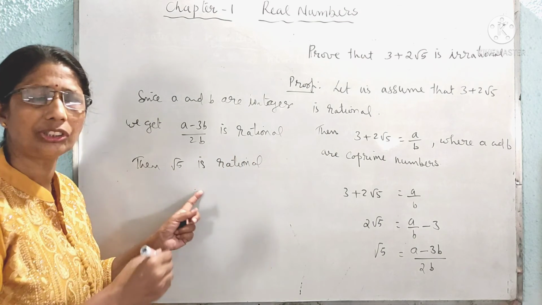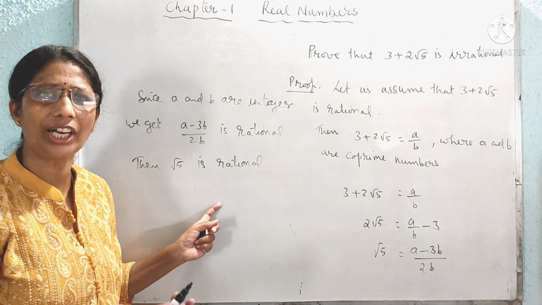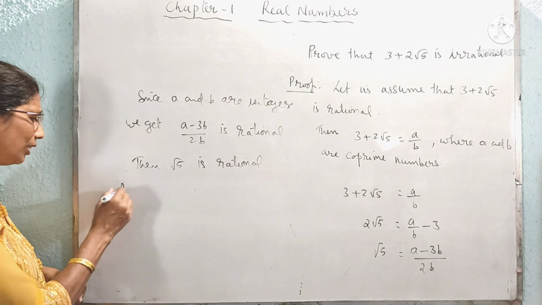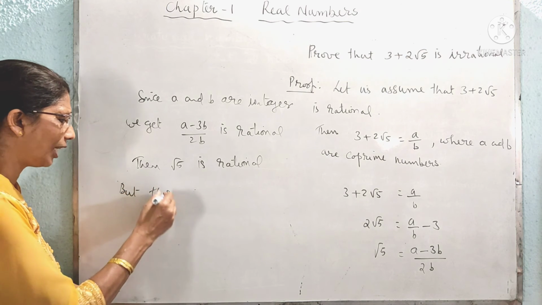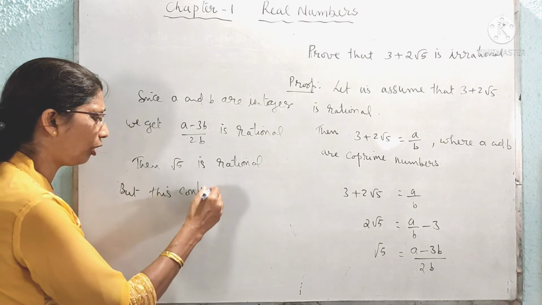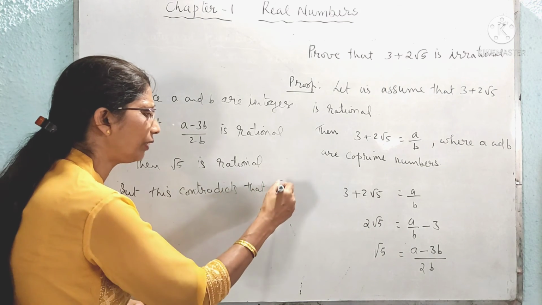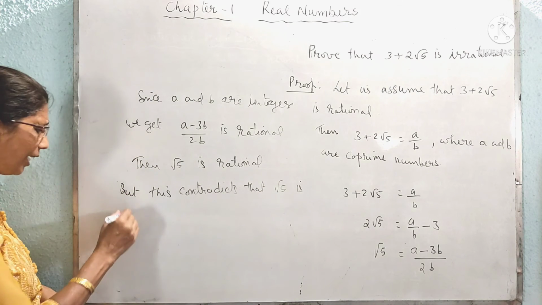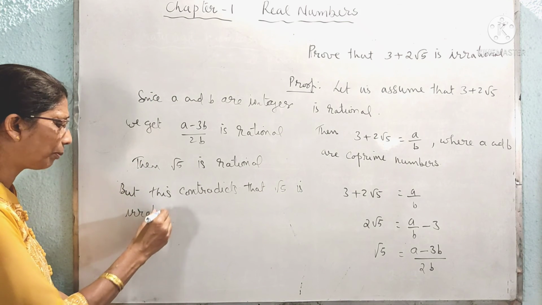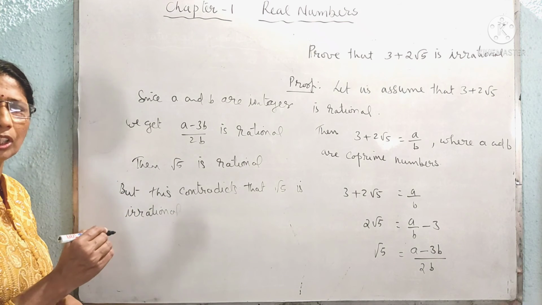Root 5 is rational, but root 5 is not rational. But this contradicts that root 5 is irrational. You are proving it as root 5 is irrational.